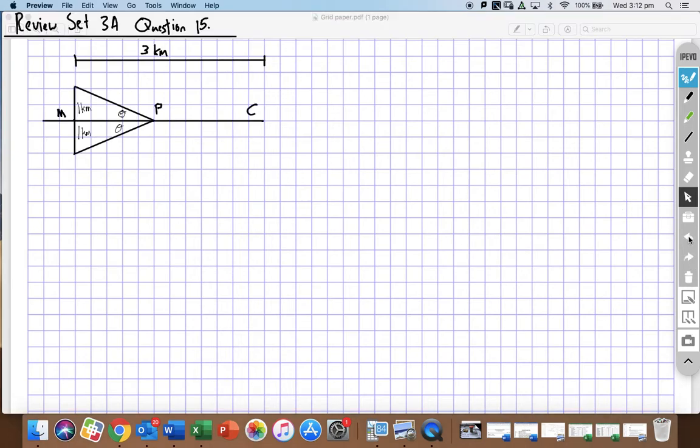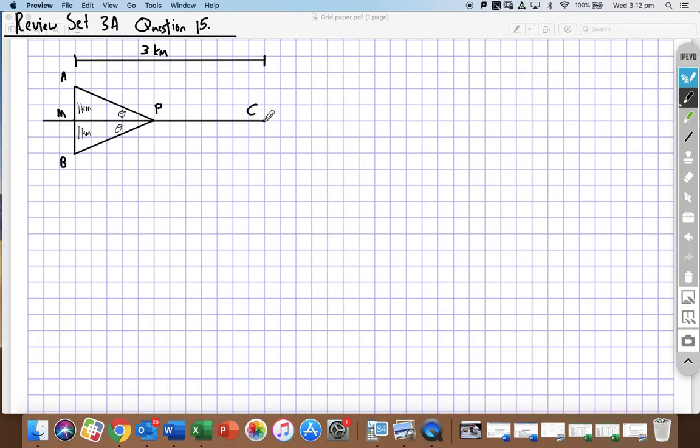Right, so I have tried to just draw a diagram of that. I'm missing my town A and town B, so I'm just going to write that on. And in the first part of the question it says, if the power plant was located over here at M, what would the distance of those lines have to be to get to the three houses?